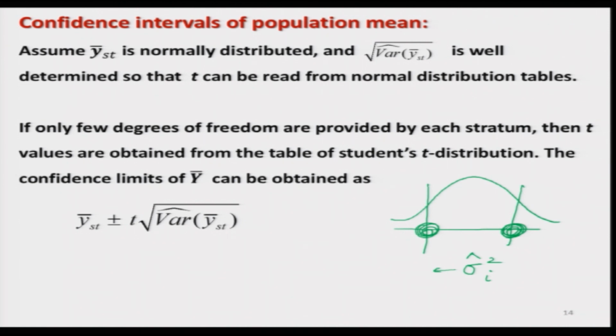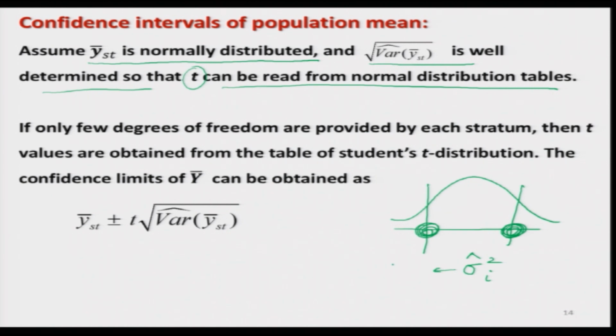First of all, we have to make an assumption that y bar st is normally distributed and the standard error of y bar st is well determined, so that the critical value, say t, can be read from the normal distribution table. I am not really saying that this is the t distribution, but I will show you that this is a critical value. The second thing is that the distribution of t also depends on the degrees of freedom.